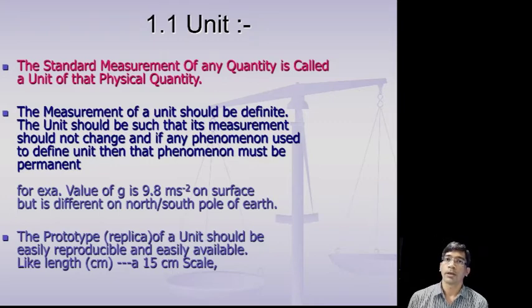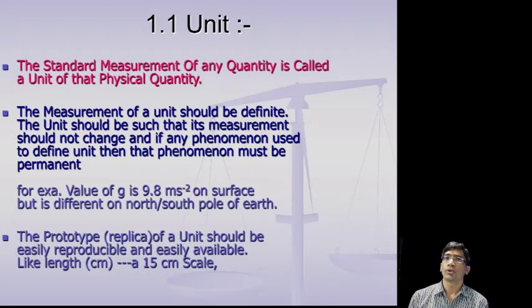Suppose you are taking length and you say that the length of this road is 20, then no one can understand. If you say that the length of this road is 20 meter, then one can understand it easily. So a unit is the standard measurement of any physical quantity.